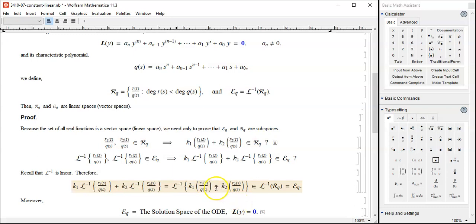It's easier to read, at least, among others. Okay, and then we have a linear combination of those expressions from R_Q, and then we already proved this linear combination belongs to R_Q. So the whole thing is a member of the image of R_Q under the Laplace inversion, which is E_Q by definition. So there goes the proof.